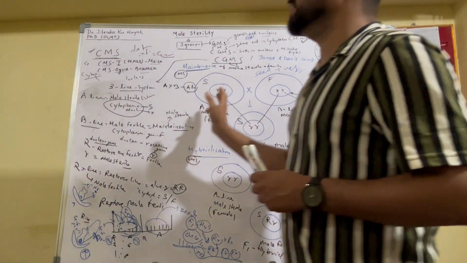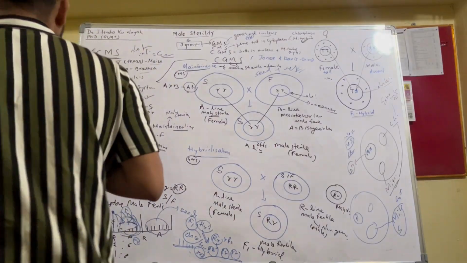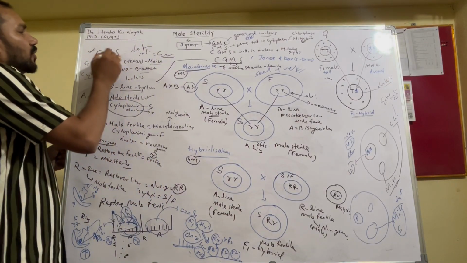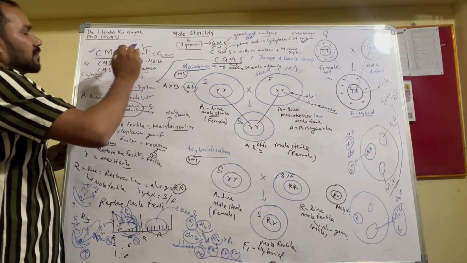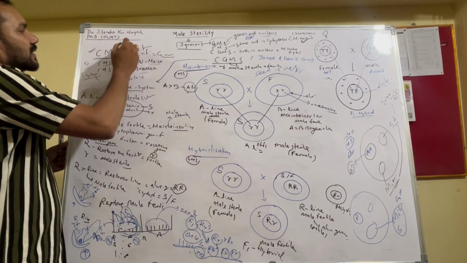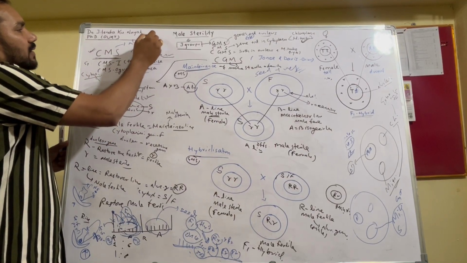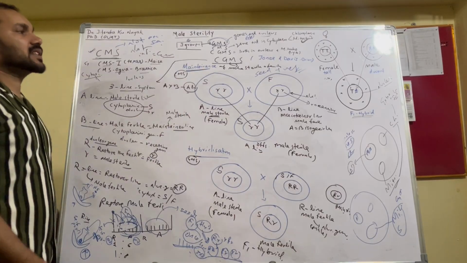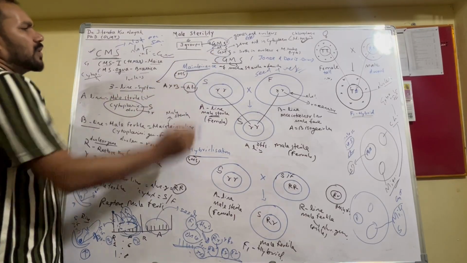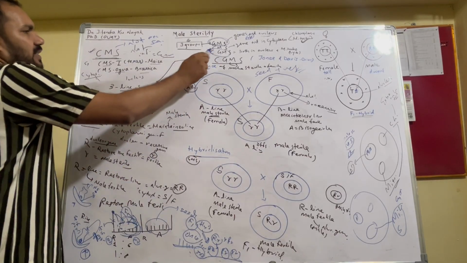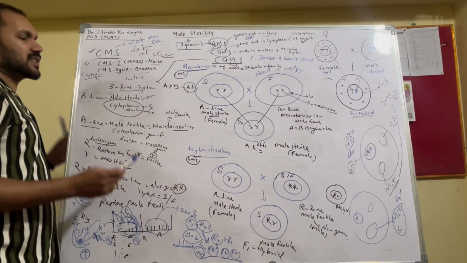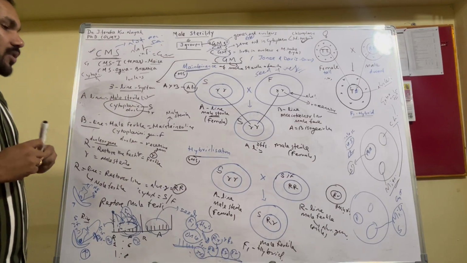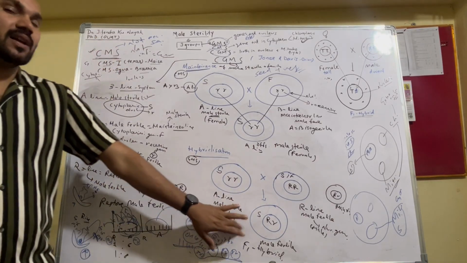And one important thing for the CMS line is that only the gene in the cytoplasm is present, so it is not environmentally sensitive. Like GMS, it is environmentally sensitive. CGMS is also somewhat environmentally sensitive, but CMS is not. Okay. So in commercial production, you are using this hybrid seed production.